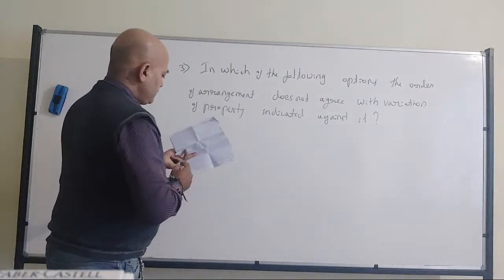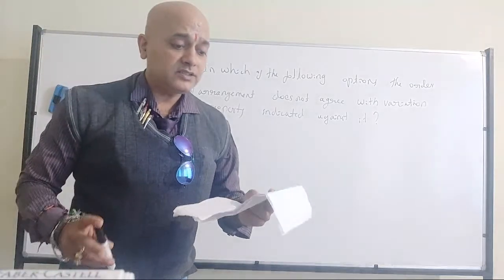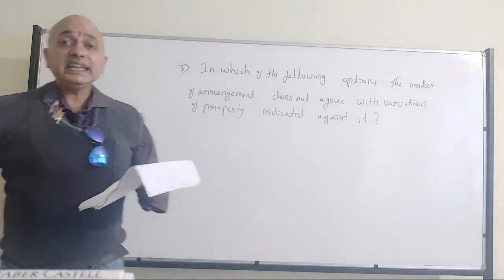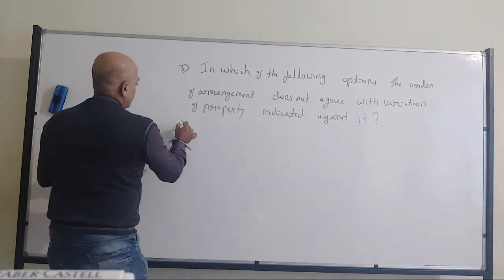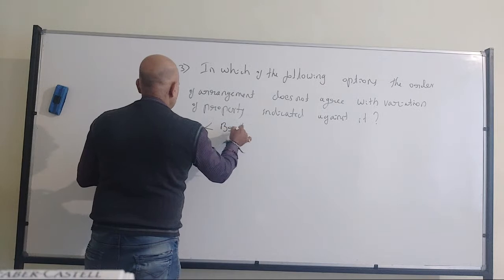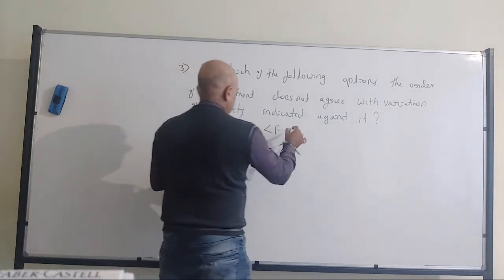So in which of the following options the order of arrangement does not agree with the variation of property indicated against it? Okay. Now the option A, iodine less than bromine, less than chlorine, less than fluorine.